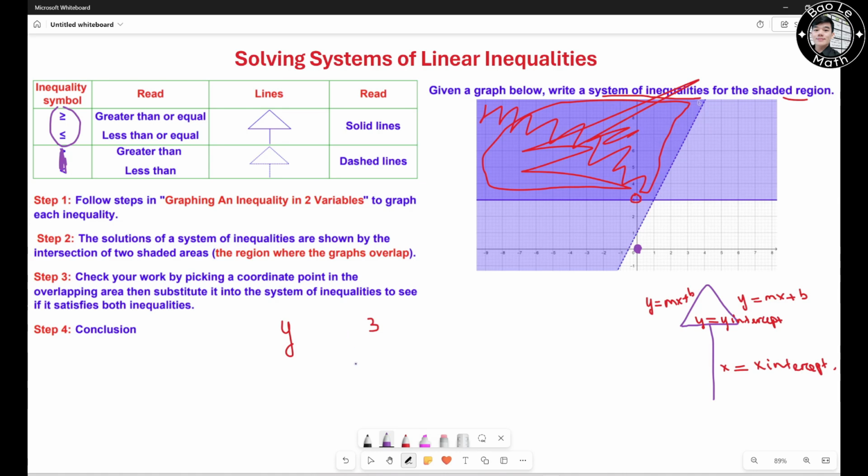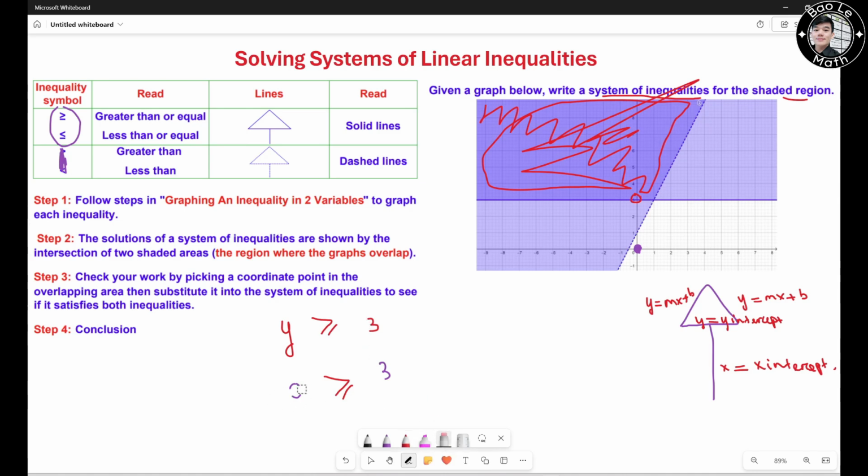So I have x equal to 0, y equal to 0, so I have 0 right here and 3 right here. And I need this to be false. So in order for this to be false, it must be greater than or equal to, right? So I bring this one up over here, so it can be greater than or equal to. So I have the first inequality, y greater than or equal to 3, right?